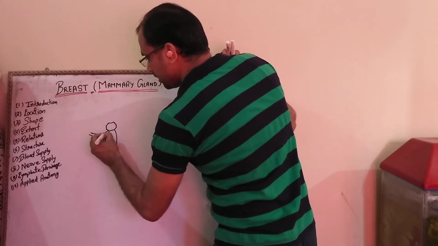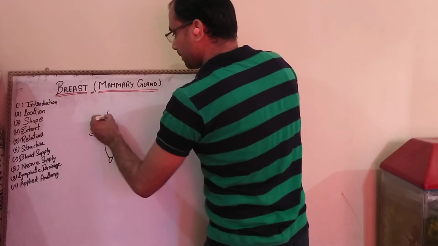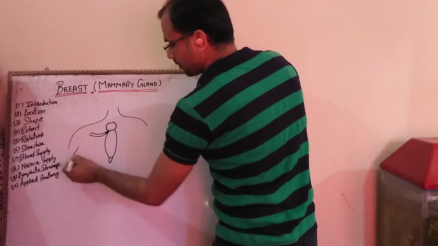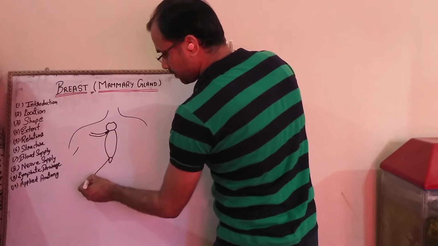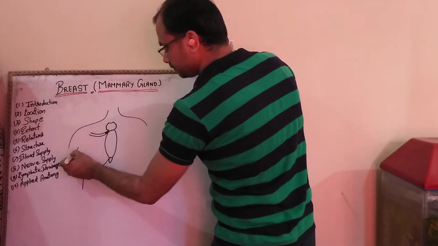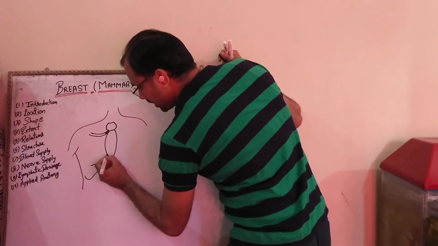This is the second rib, costal margin, sixth rib.